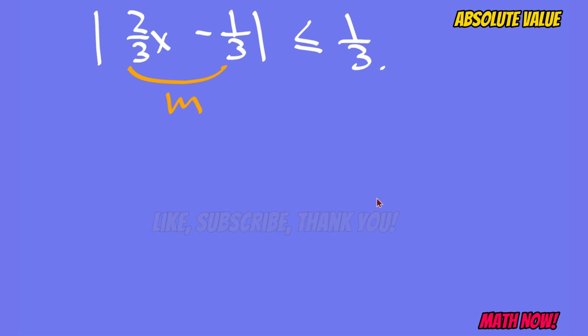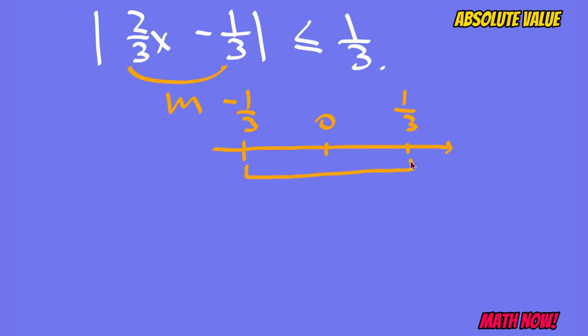It means that this number, if you look at the number line, like this, this number m is somewhere between minus 1/3 and 1/3. Somewhere right here.